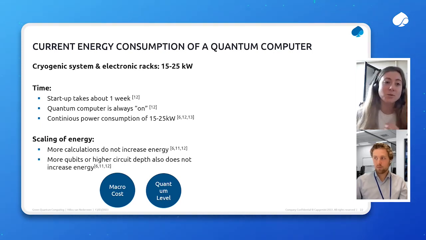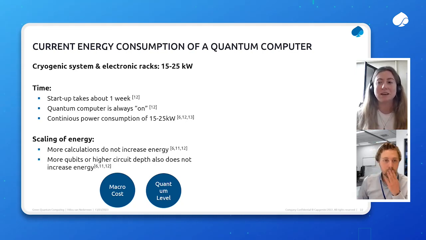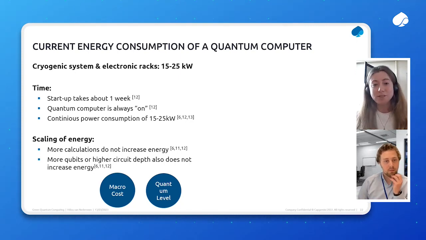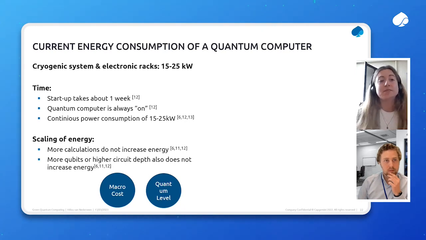Starting up the quantum computer takes about 1 week, and because of this, afterwards the quantum computer will always be on until some maintenance is required. But this means that we don't only have power consumption when we run calculations on the quantum computer, but we have a continuous power consumption, which is very high.